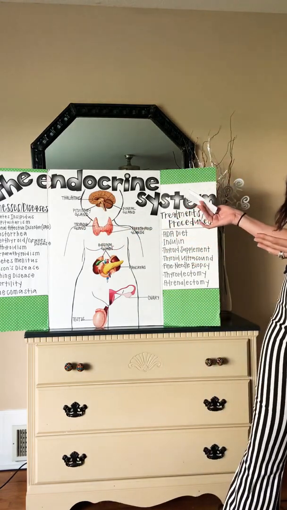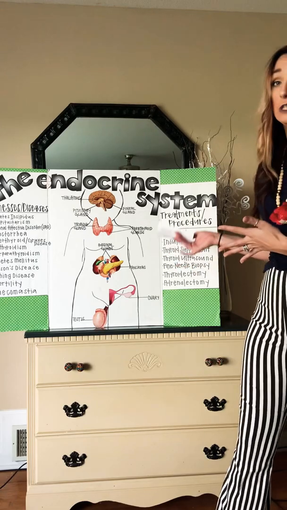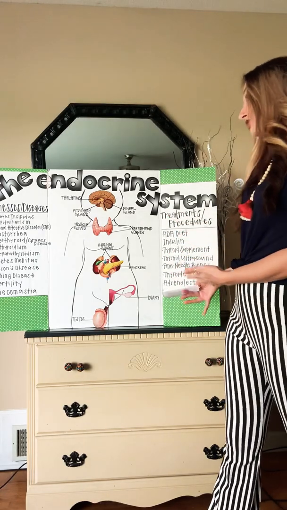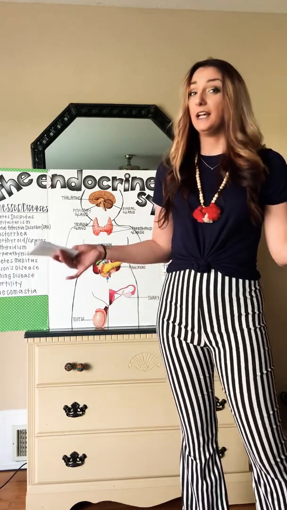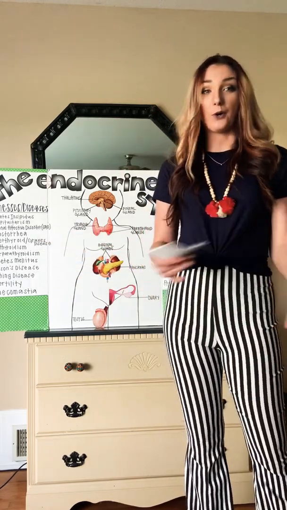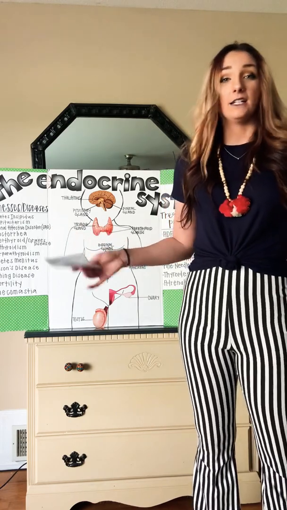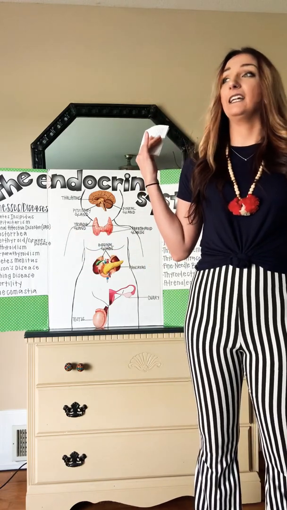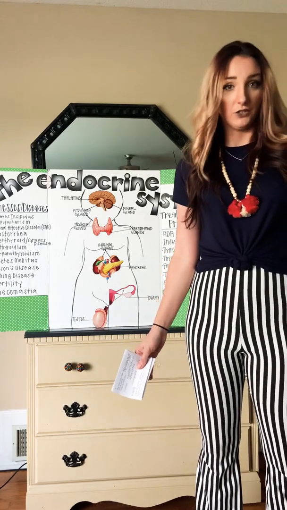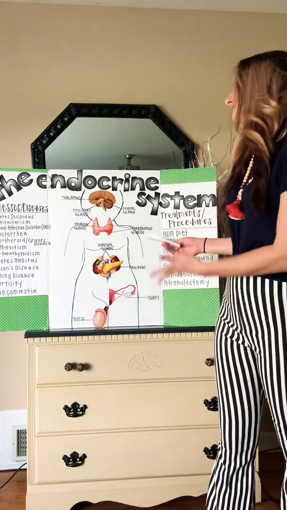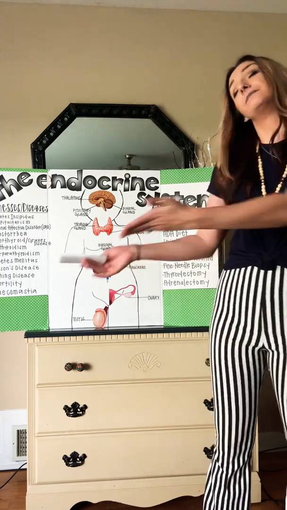And there's so much more that you can discuss with the endocrine system, because like I said at the beginning, it does control a lot in your body. Hormones, imbalance of hormones, anything that you think of, most of the time is going to be related to endocrine. But as far as this is my project.